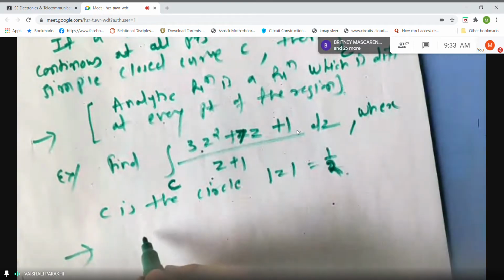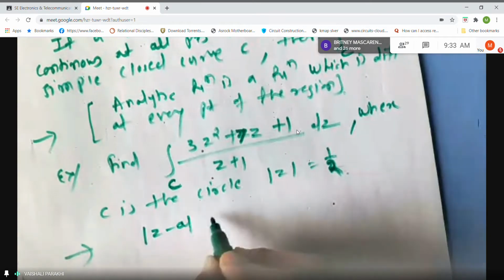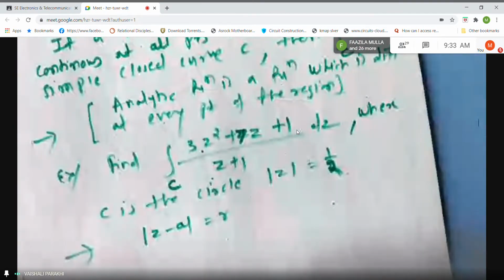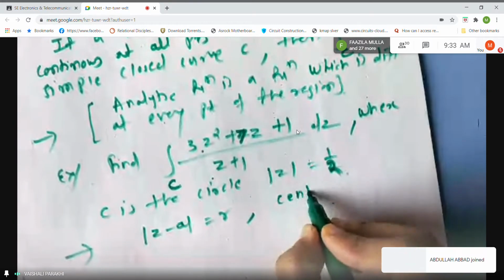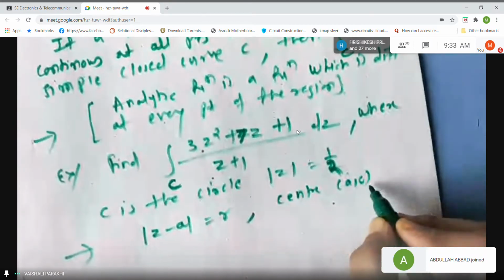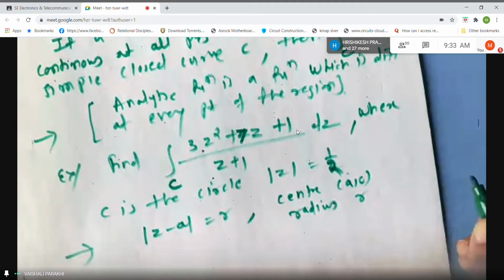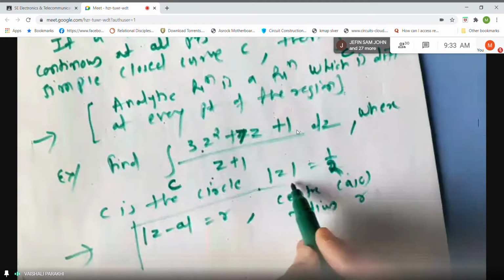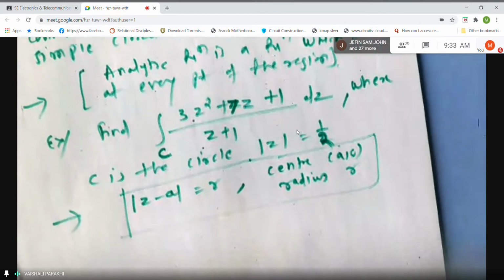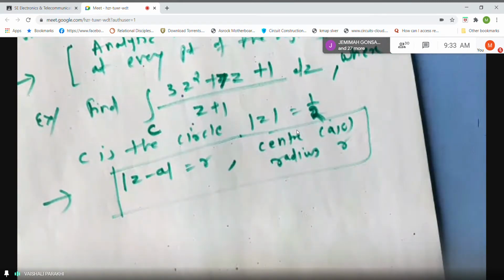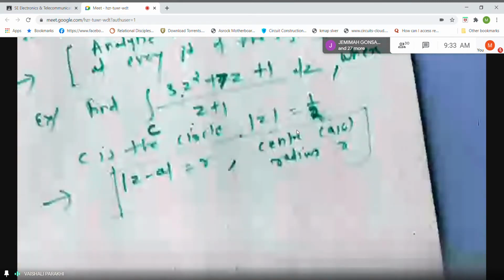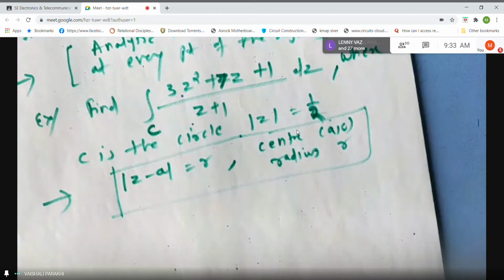What is the standard equation of a circle? Mod of z minus a is equal to r, remember, where the center is a comma 0 and radius is r. This is very important to remember, because in most of the problems you will come across this type of equation.